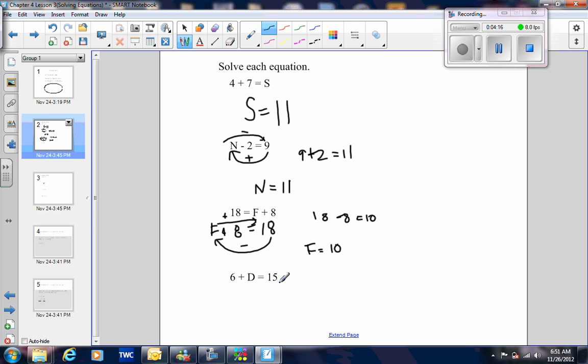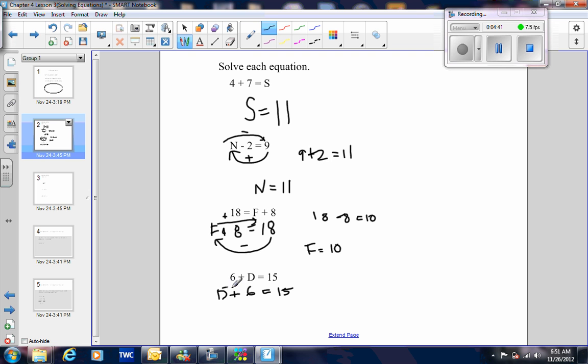6 plus d is equal to 15. Now, we'll be talking about the properties real soon, but one of the properties is the commutative property. And when you're adding, you can take two things and switch them around and you'll get the same answer. So I would do that in this case. I would put d plus 6 equals 15.